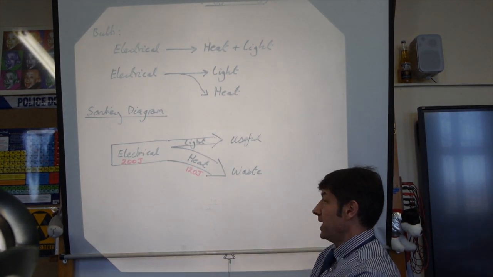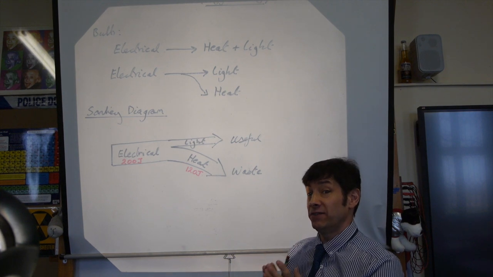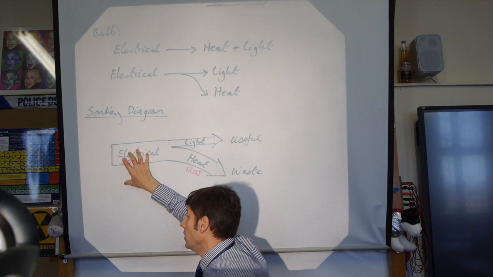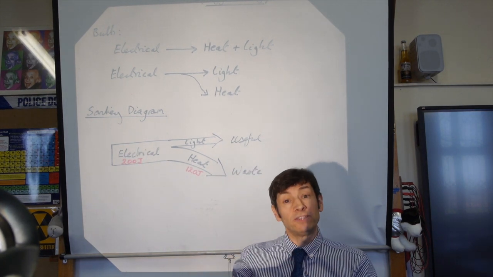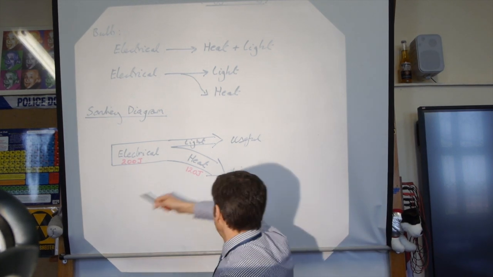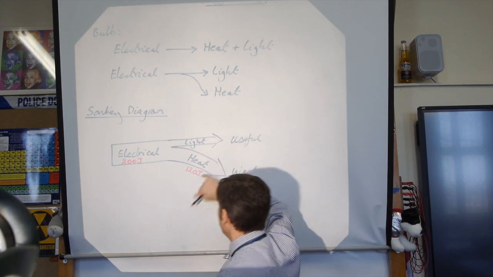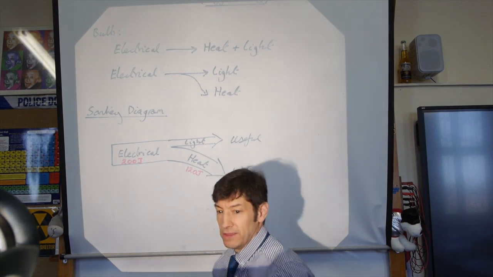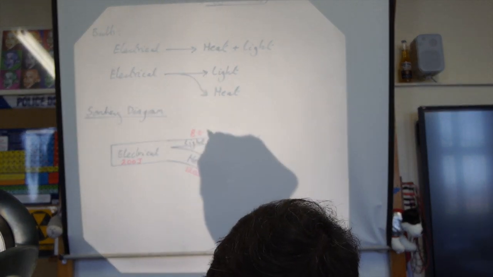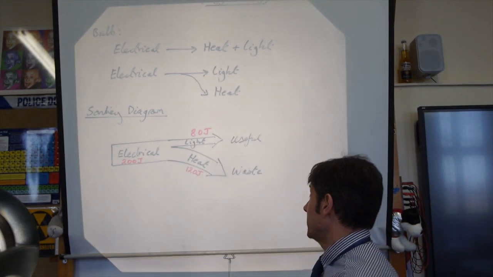Now, if you've listened to what I've said about conservation of energy, you immediately know what this has to be. If we feed in 200, we can't create or destroy energy, we can only transfer it from one form to another. So 200 in is, push those arrows together, 200 out. So if we have 120 joules here, we must have 80 joules of light energy.